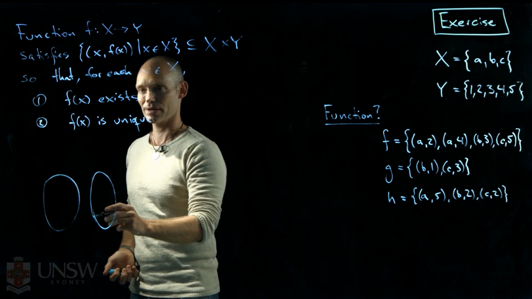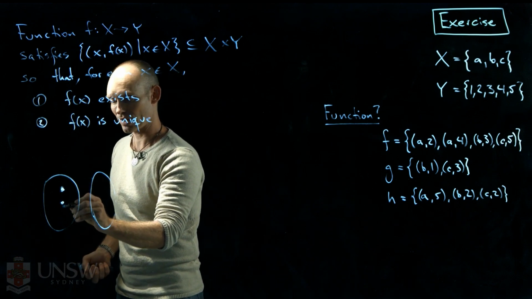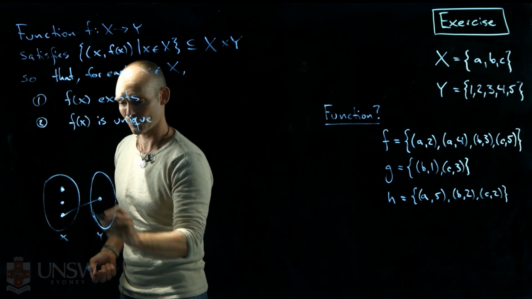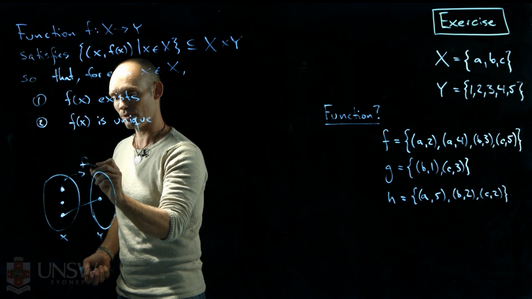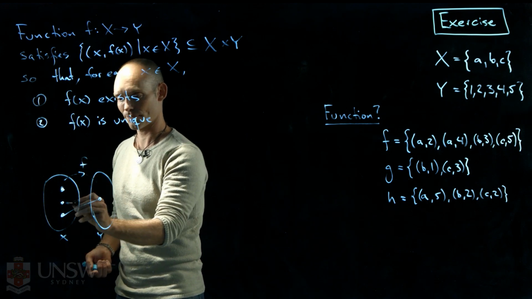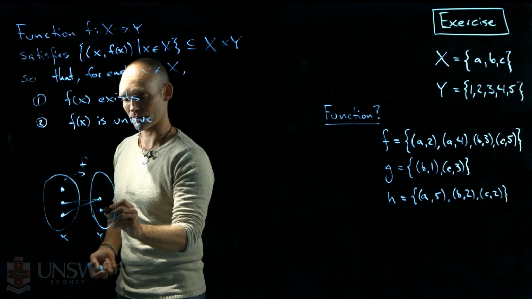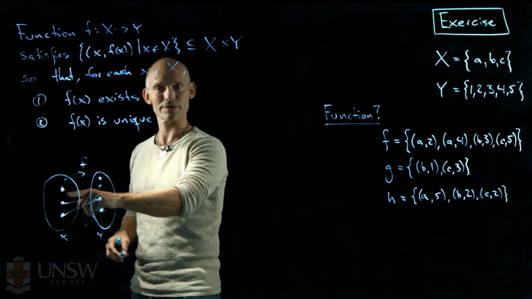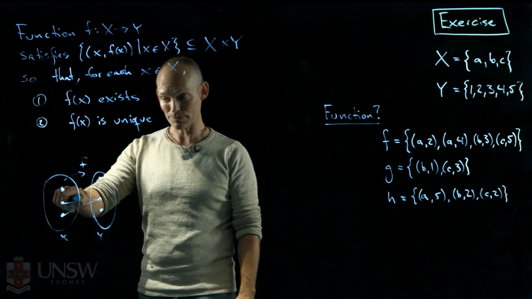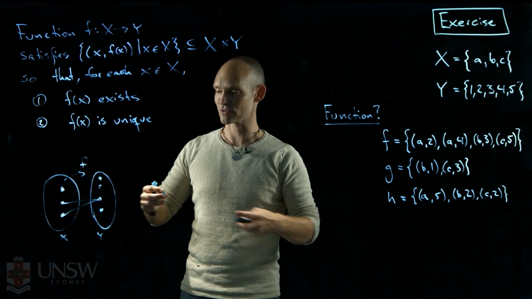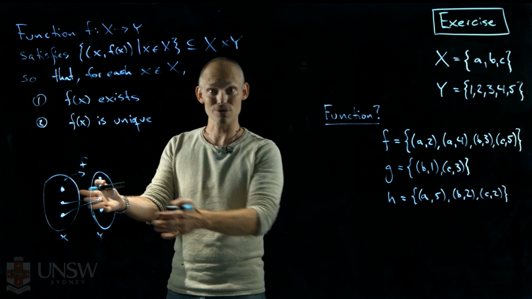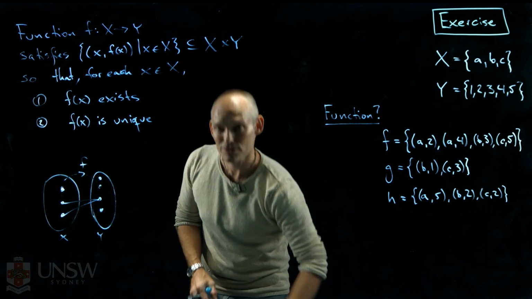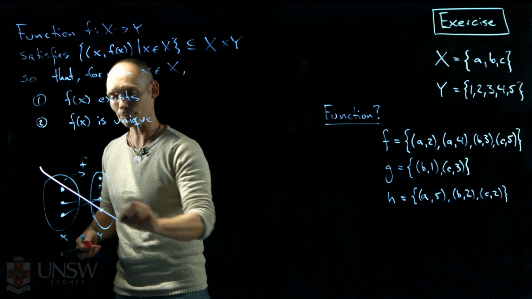If we have a little function here from X to Y, then we have some elements here. Maybe these go to the same elements, maybe there's some other elements, who knows. But we don't want the case where an element here does not get a function value. Like one of you students, if you don't get a mark, that's not a great mark-giving function. So we want this not to happen.